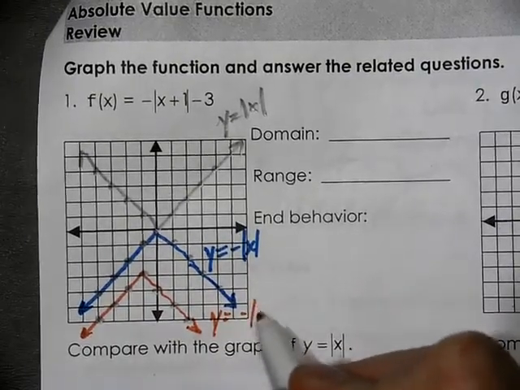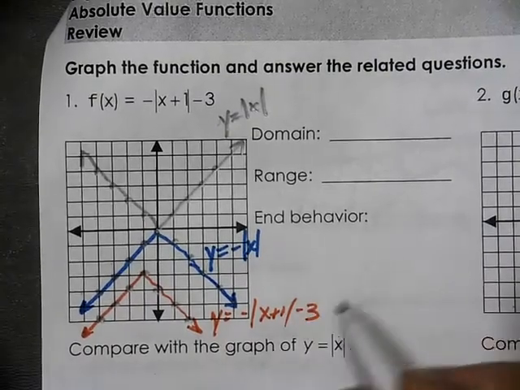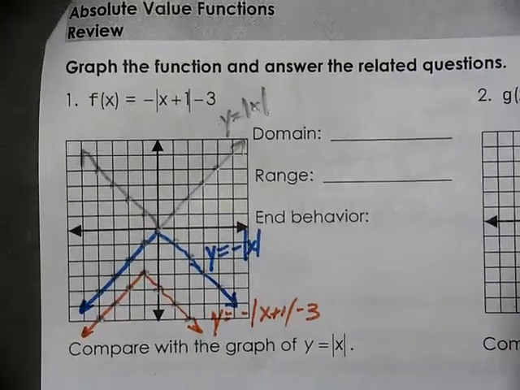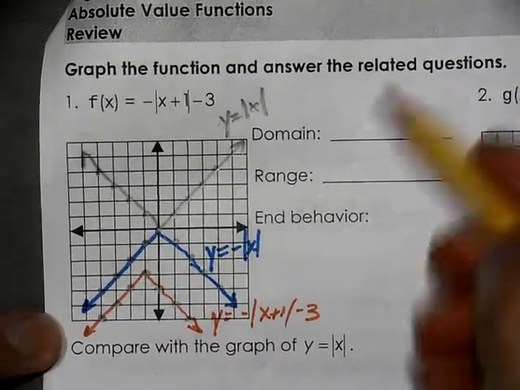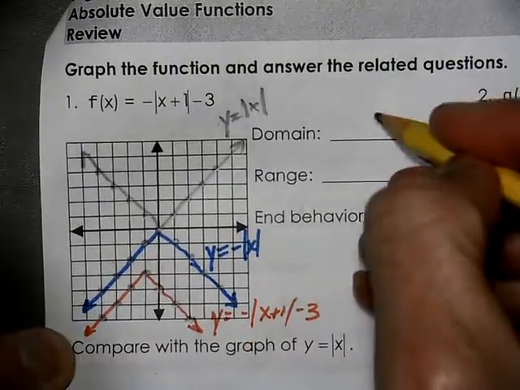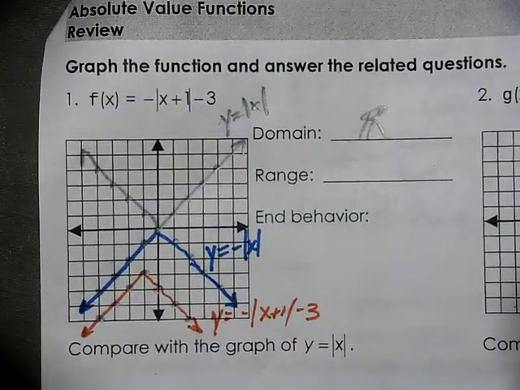And we have negative absolute value of x plus 1 minus 3. Our domain of this red graph, absolute value functions are always all real numbers.